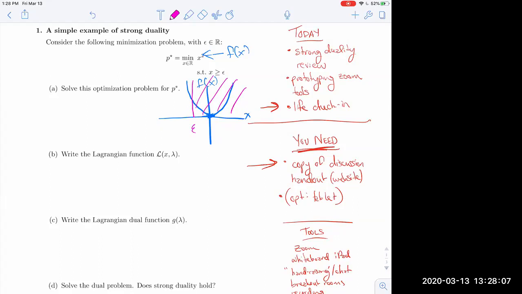So if epsilon is less than 0, we have p star equals 0.